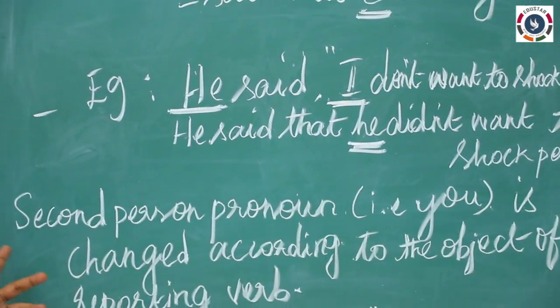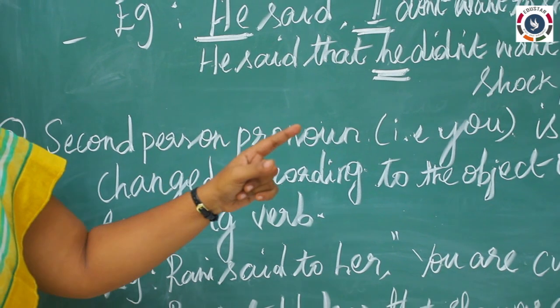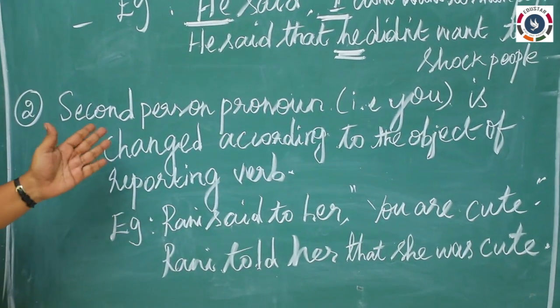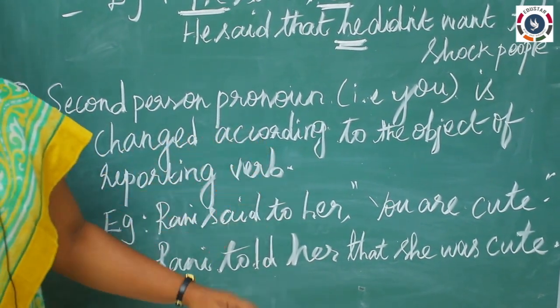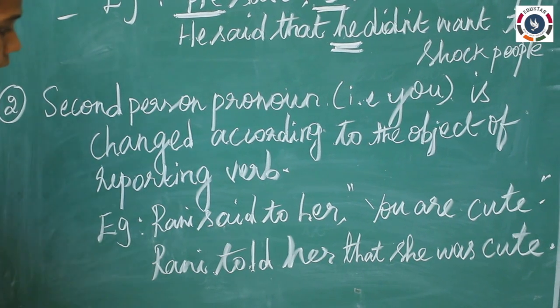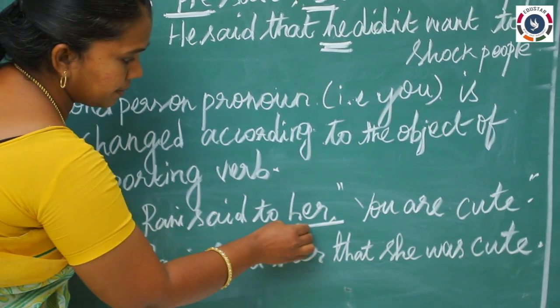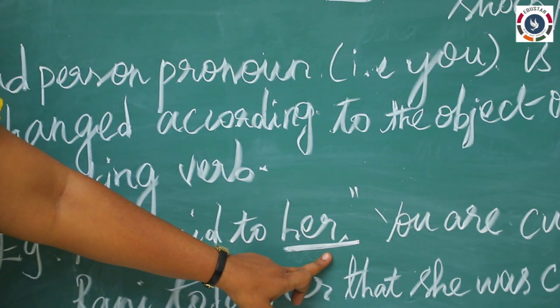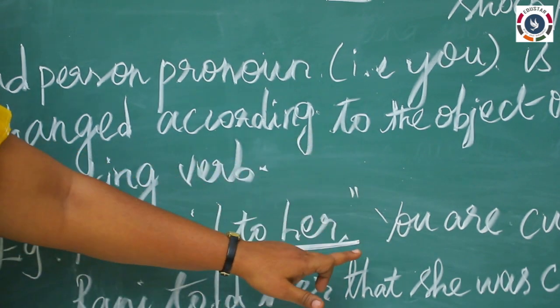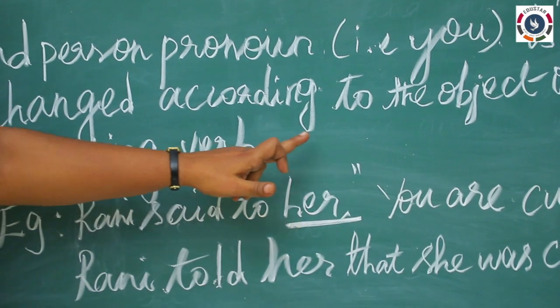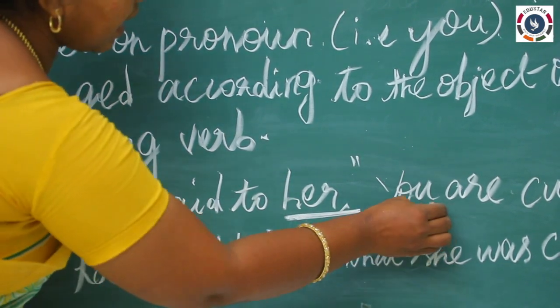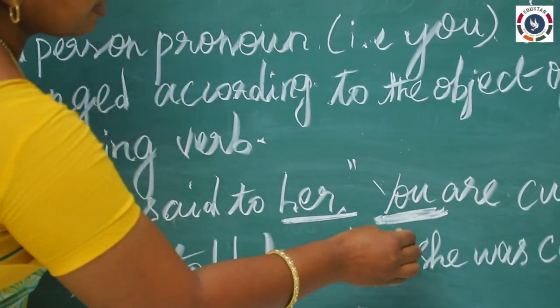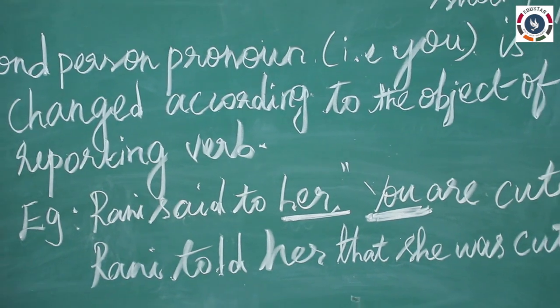And the next one is the second person pronoun "you". "You" is changed according to the object of the reporting verb. So what did I tell? This is the object: Rani said to her. This portion is the object, and according to this only your second person pronoun will be changed.